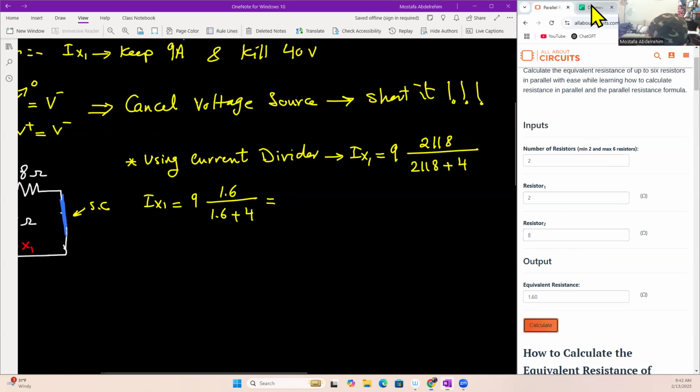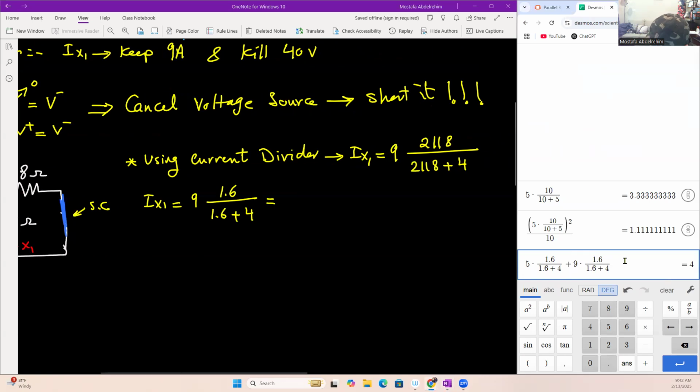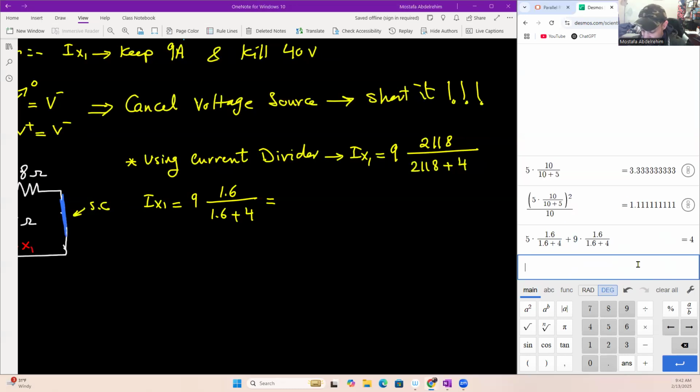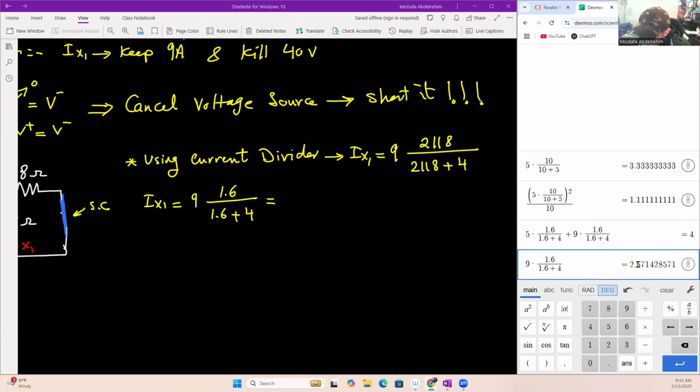Let's calculate this. Actually, I have it here because I just solved this before this tutorial. So 9 multiplied by 1.6 divided by 1.6 plus 4 is basically 2.571.